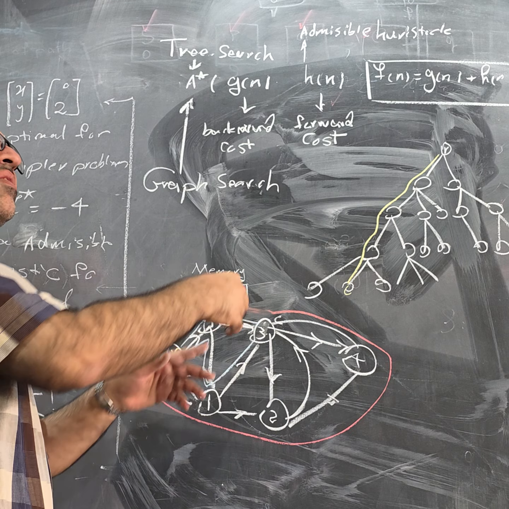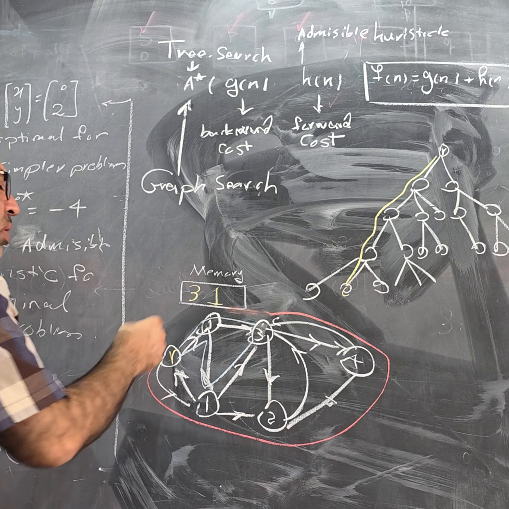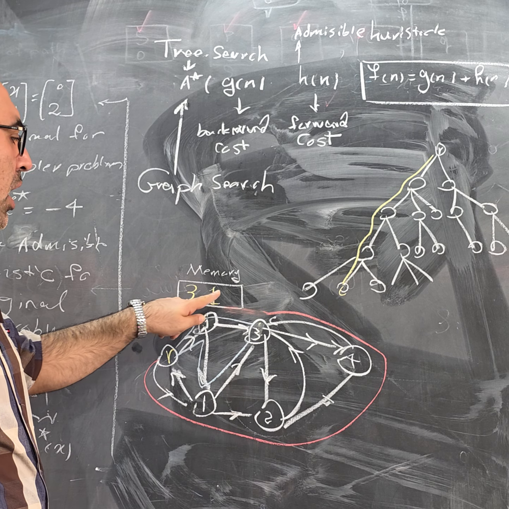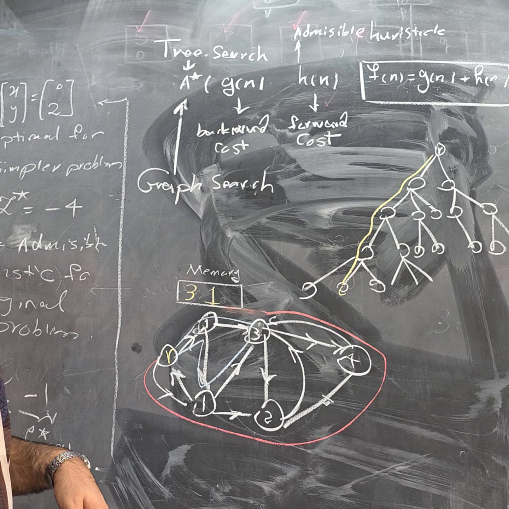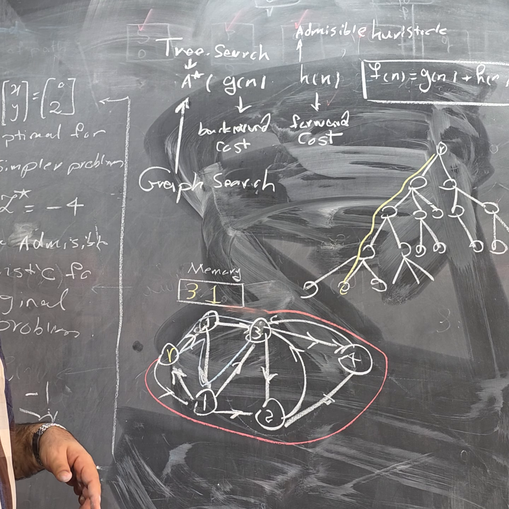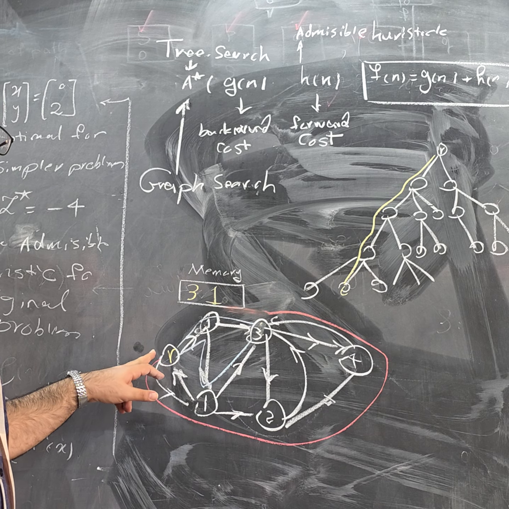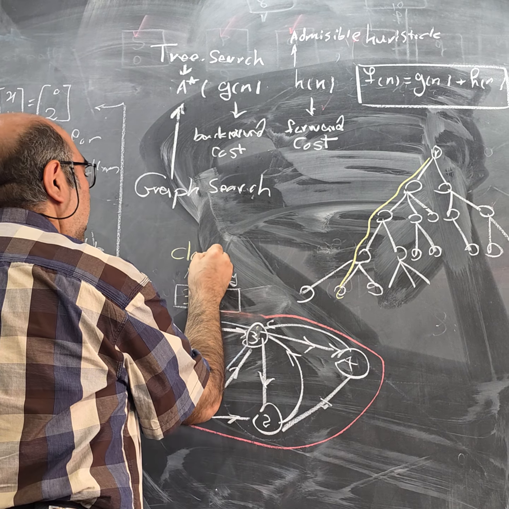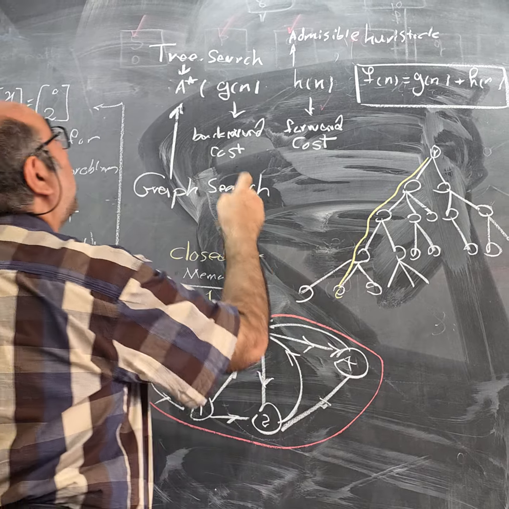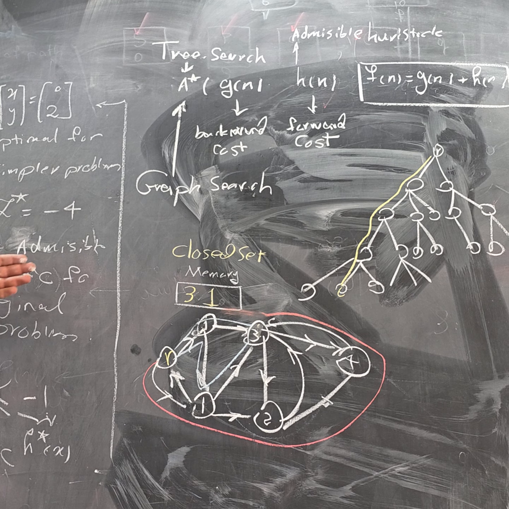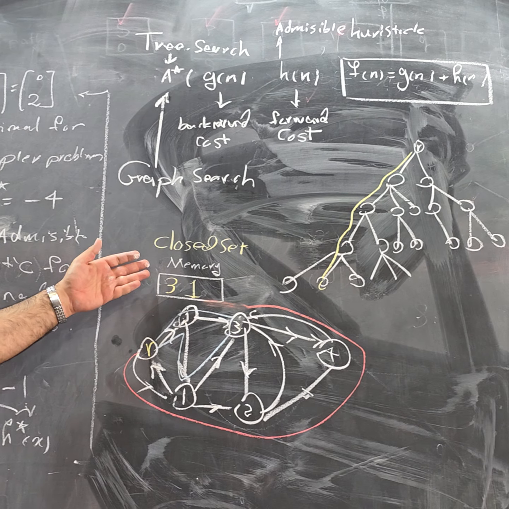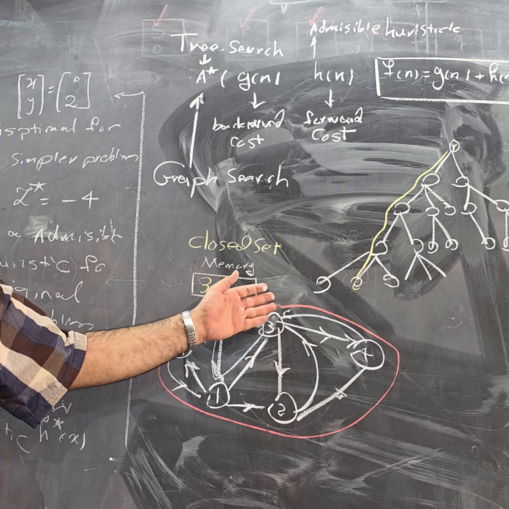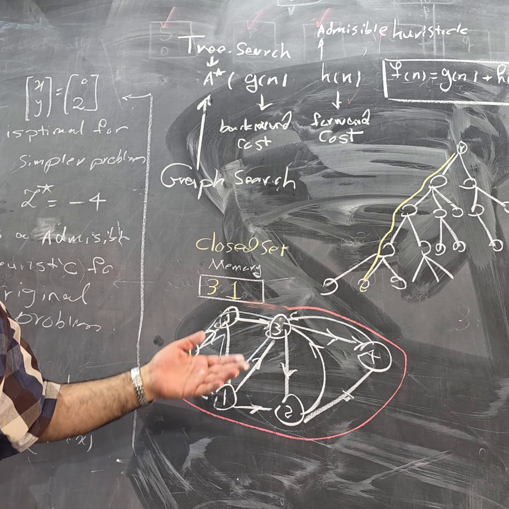Continue. Because of the loop, maybe I return to 1. I remember that 3 and 1 are traversed. There is no other option. We come back. That is the meaning of the closed set. A closed set is a memory including all of the nodes that you selected for expanding in the previous steps.